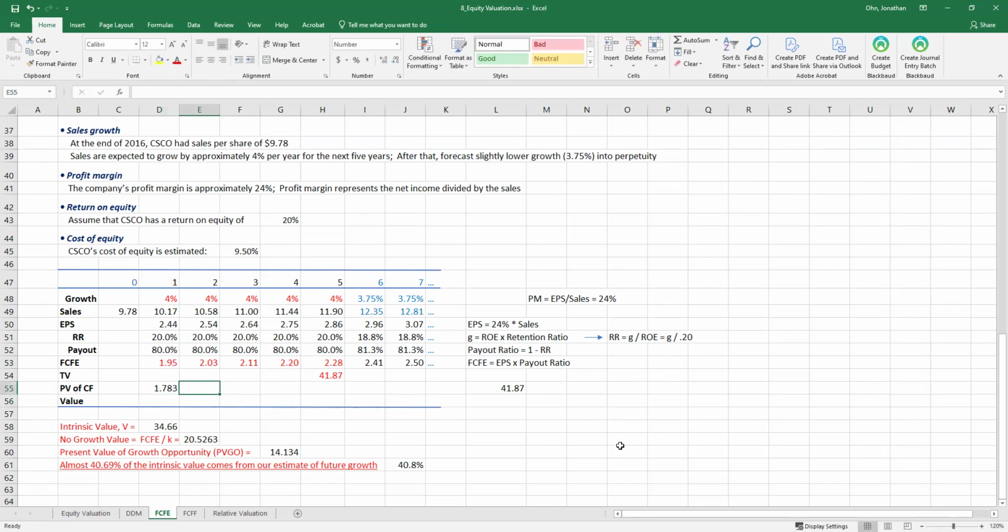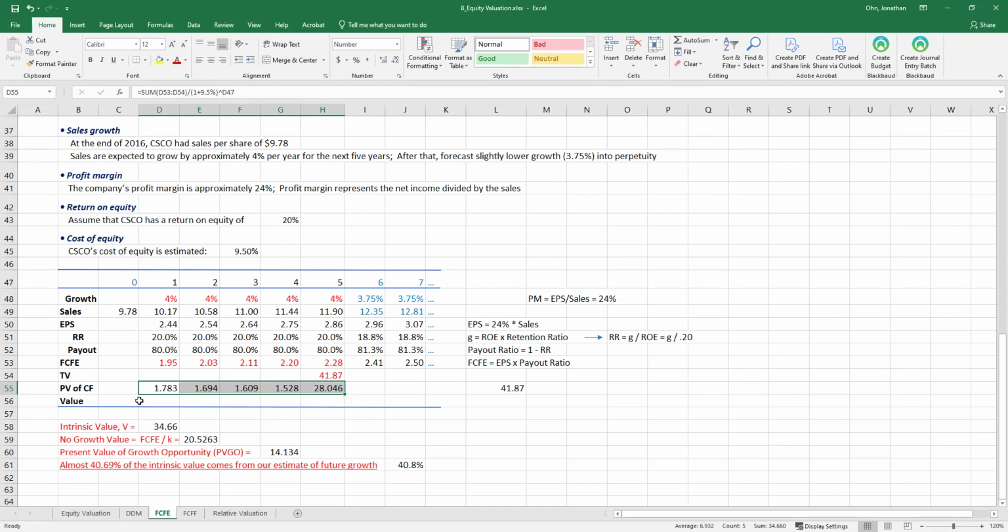And the second one is the same way: the sum of these two divided by 1 plus 9.5%, that's the cost of equity, to the second power, since it is year 2. Since we covered everything, you can now copy and paste. That is the present value of all these cash flows.